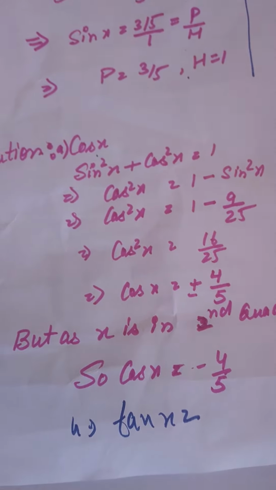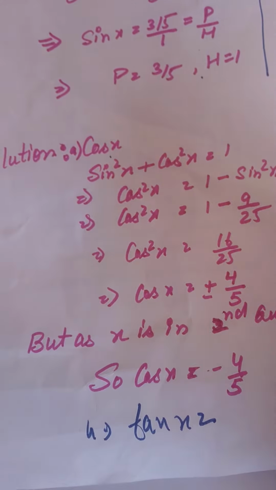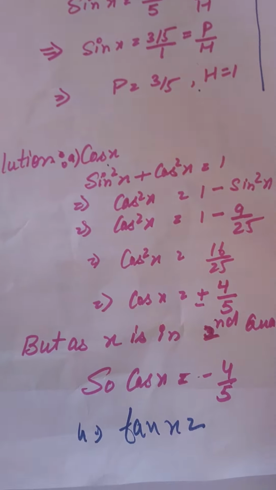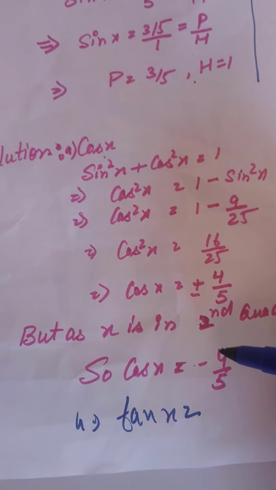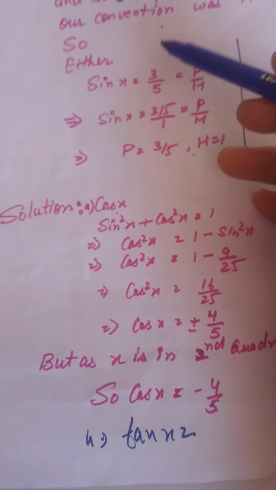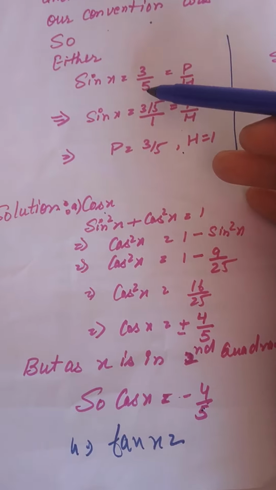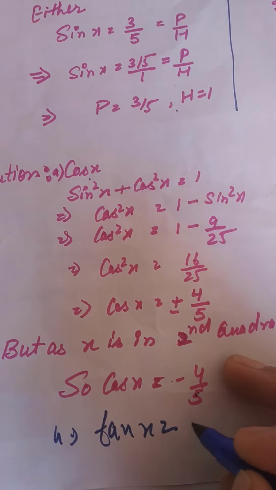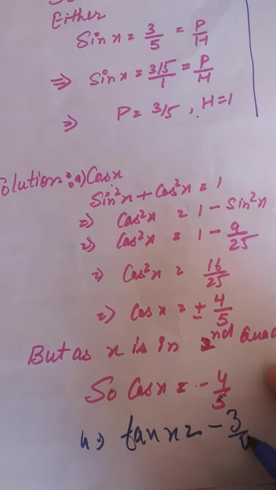In the second quadrant, sin is positive and cos is negative, so tan is going to be negative. Let's see the value of tan: 3 over 5 divided by minus 4 over 5, so you will get minus 3 over 4.